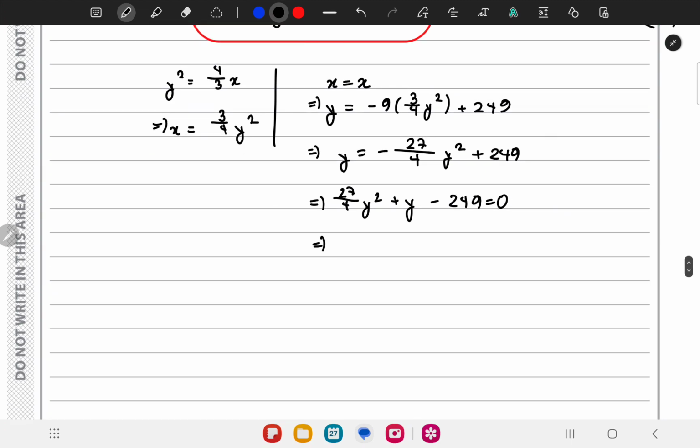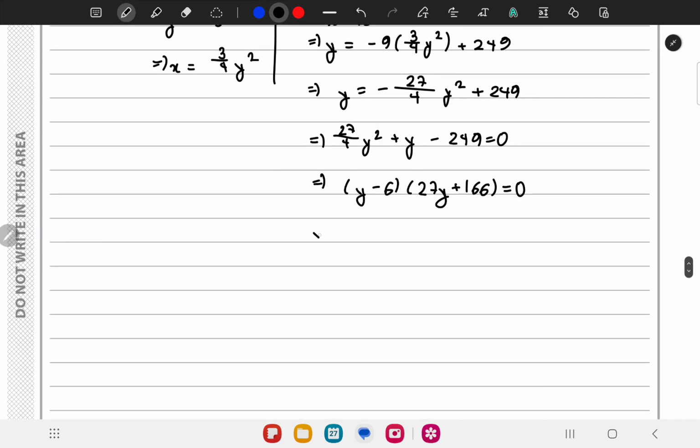If I solve this quadratic, I'd get y minus 6 and 27y plus 166. So y is 6 and y is minus 166 by 27.